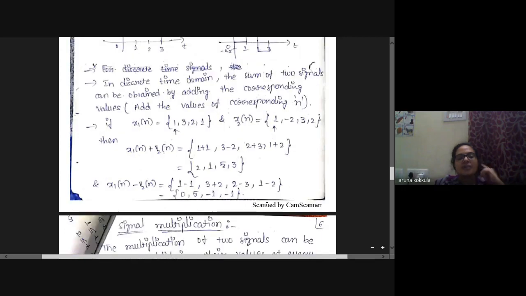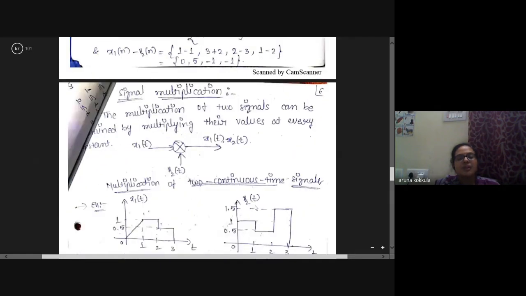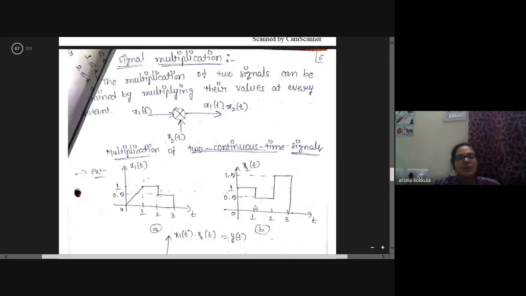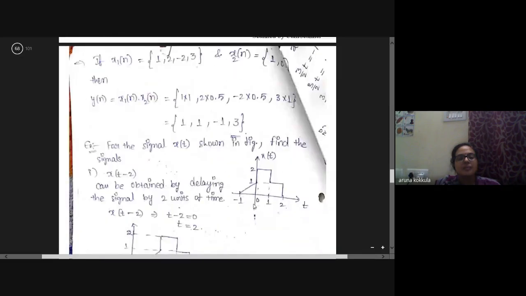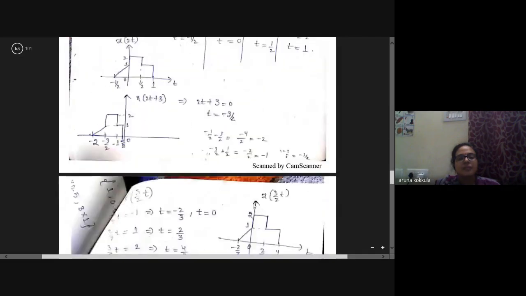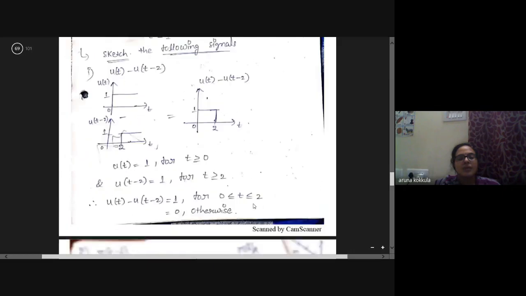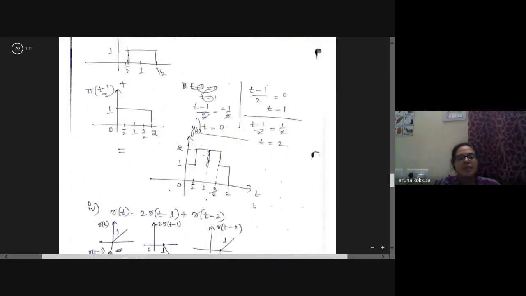And for signal subtraction, by subtracting the magnitudes, 1 minus 1 is 0, 3 plus 2 is 5, 2 minus 3 is minus 1, 1 minus 2 is minus 1. Next the operation is signal multiplication.